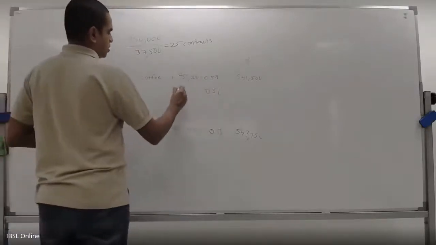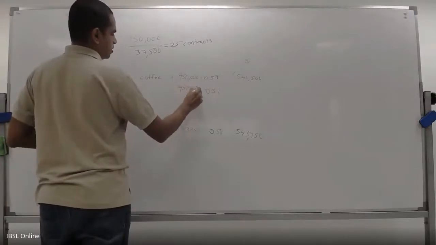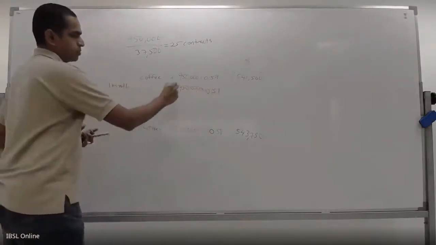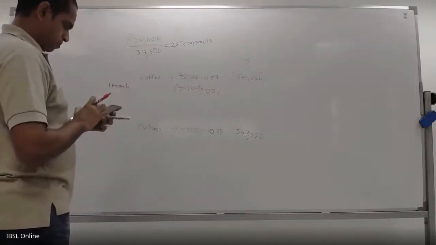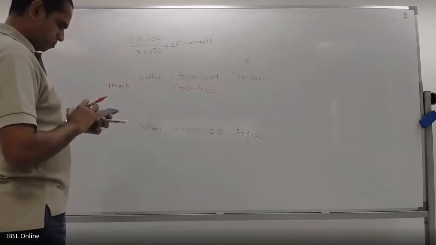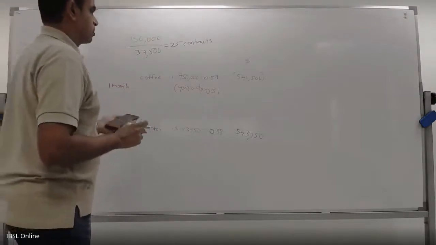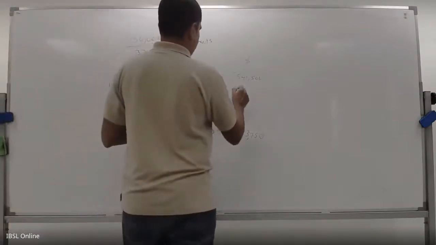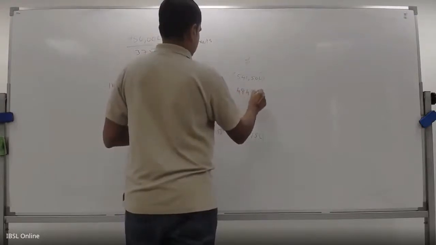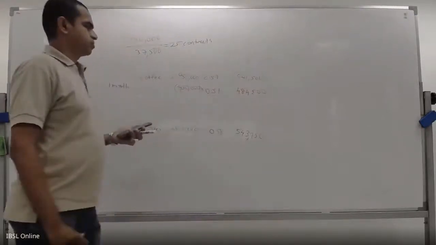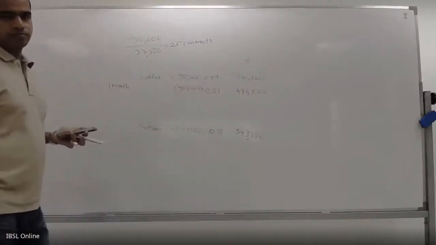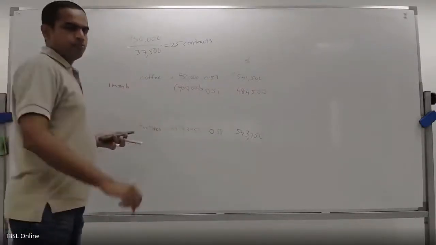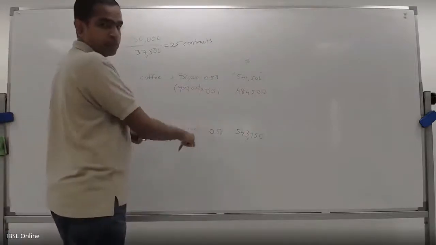Now to square off, they can sell coffee at a price of $484,500. And when they sell coffee, they will receive dollars. Futures price also has fallen, right? So their view was correct.